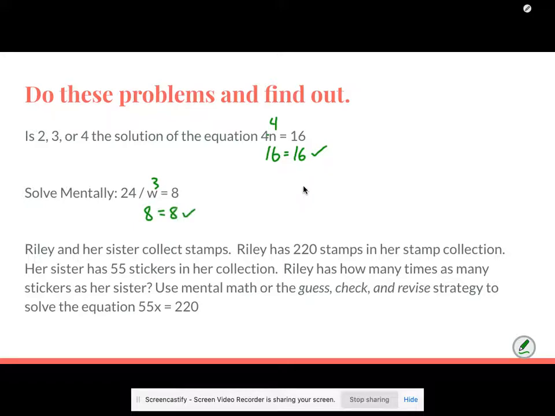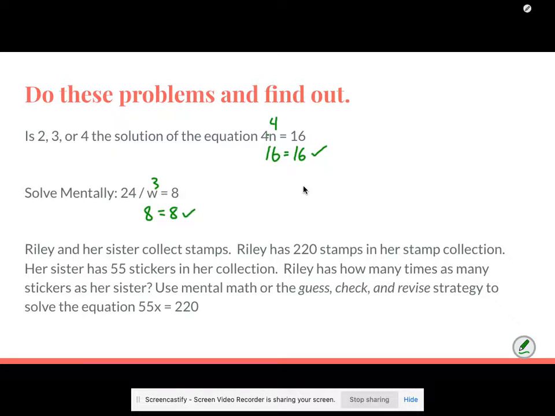And then Riley and her sister collect stamps. Riley has 220 stamps in her stamp collection. Her sister has 55 stamps in her collection. Riley has how many times as many stamps as her sister? Use mental math or the guess, check, and revise strategy to solve the equation 55x equals 220.